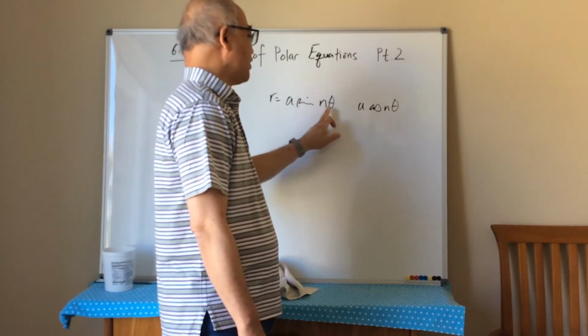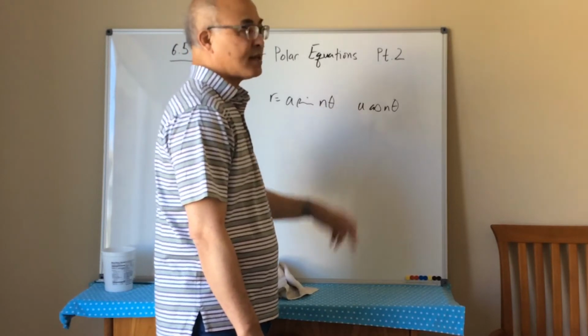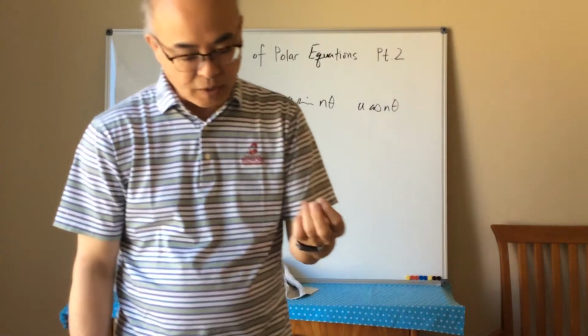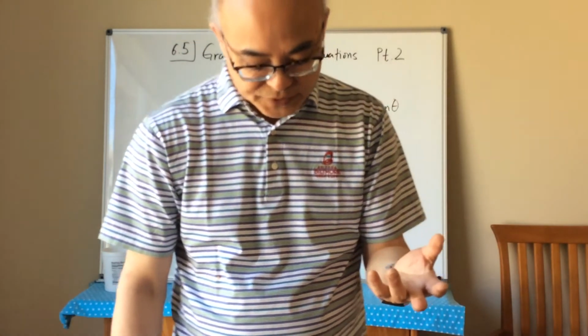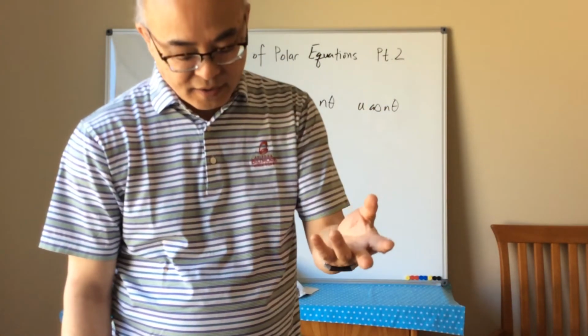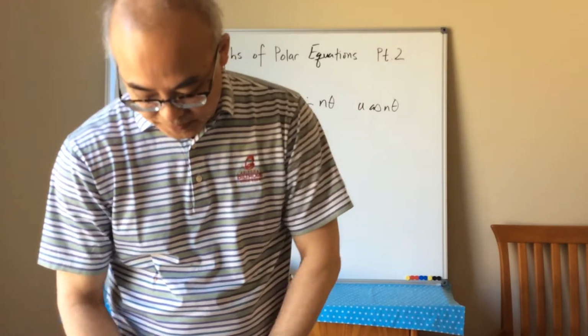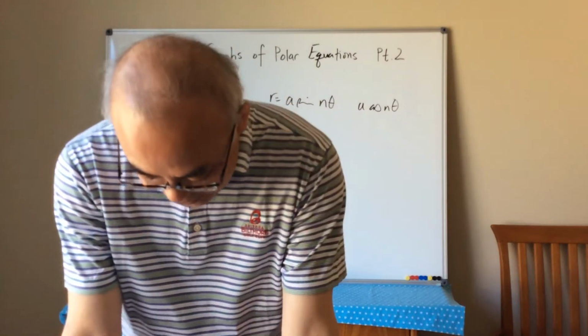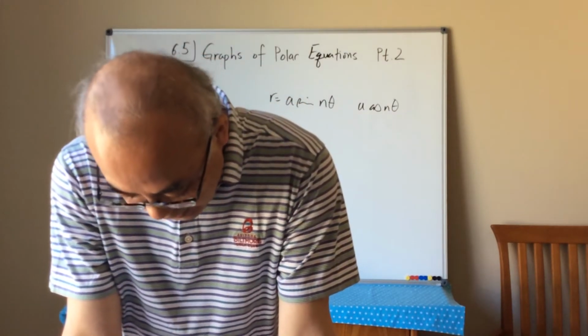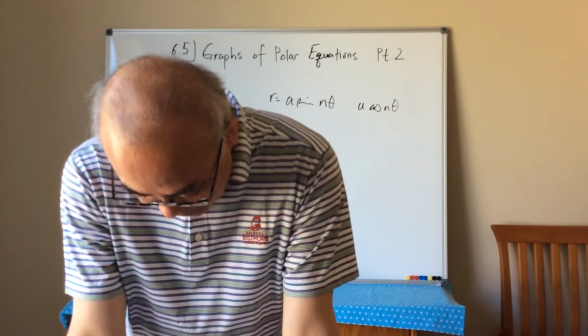If it's 4 theta, you get 8. If it's 8 theta, you get 16. So if it's an even number, you get twice that number, 2n, of rose petals. That's on page 497, the blue box there.